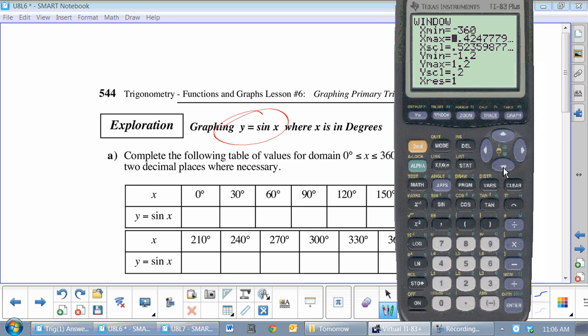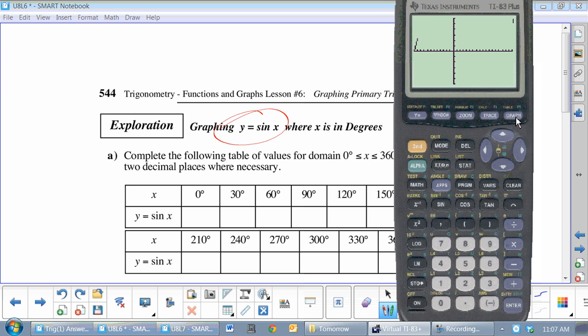We're looking at the graph in B. The maximum is 540. Now, what is each little tick on the graph? Look on your graph. What do you think each tick is? That's called your scale. 30 degrees. Good. Okay? And it goes down to negative 1.2, up to 1.2, and the scale there is by 0.2. Then if you hit graph, you get a sine graph.